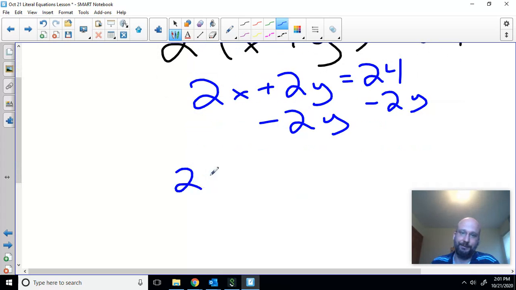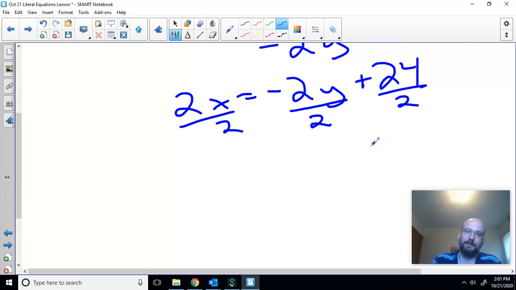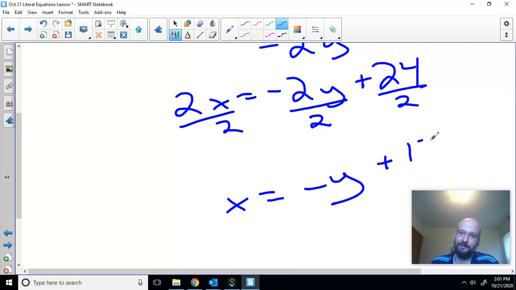That's going to give me 2x equals negative 2y plus 24. Right, negative 2y, positive 24. I'm going to divide everything by 2. It's the easiest way to do it. This is going to give me x, this is going to give me negative y, and this is going to give me 12.